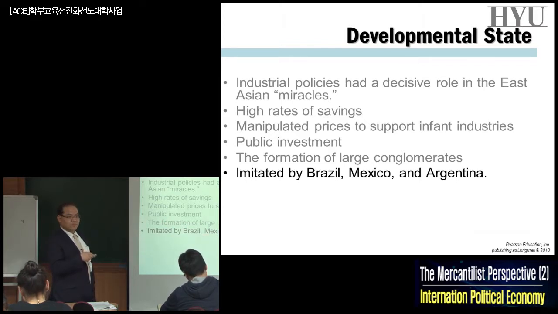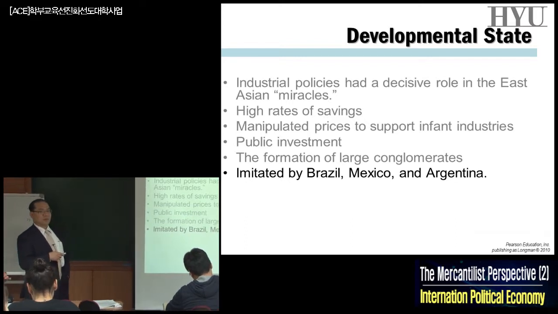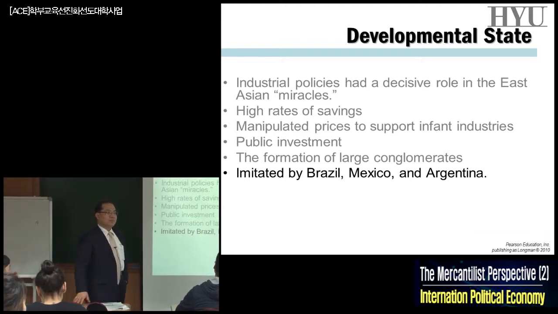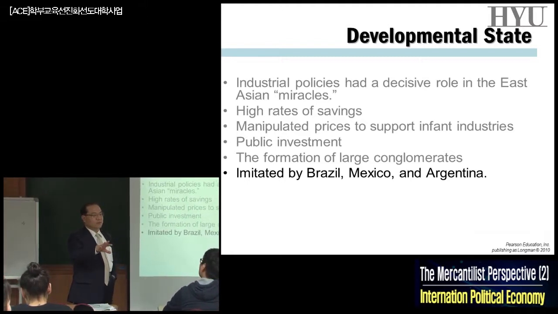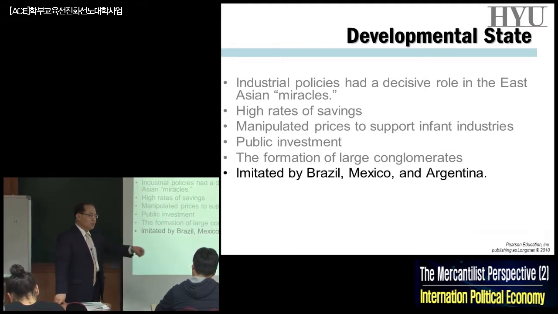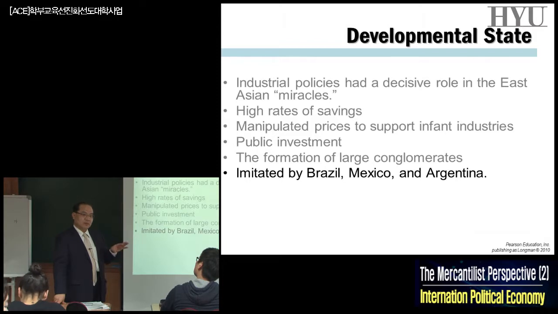They copy East Asian countries, East Asian models, but with limited success. Meaning, this is a lesson. This is a lesson for many developmental economists. Again, this will be very useful for future economists studying why some countries do better than others.